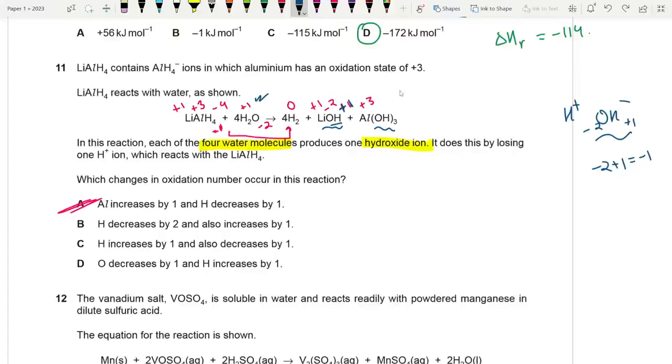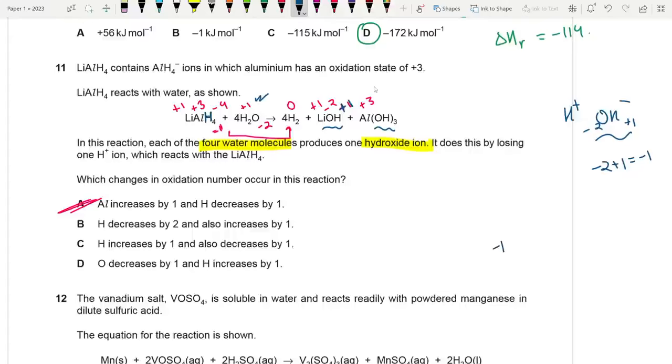As a result, I can say that nothing happened to the hydrogens over here. They were +1 before, now they are still +1 in all these hydroxides, okay? You need to understand that. So what happened to hydrogen? These 4 hydrogens in lithium aluminum hydride had an oxidation number of -1 and it turned into 0 when it turned into the element.